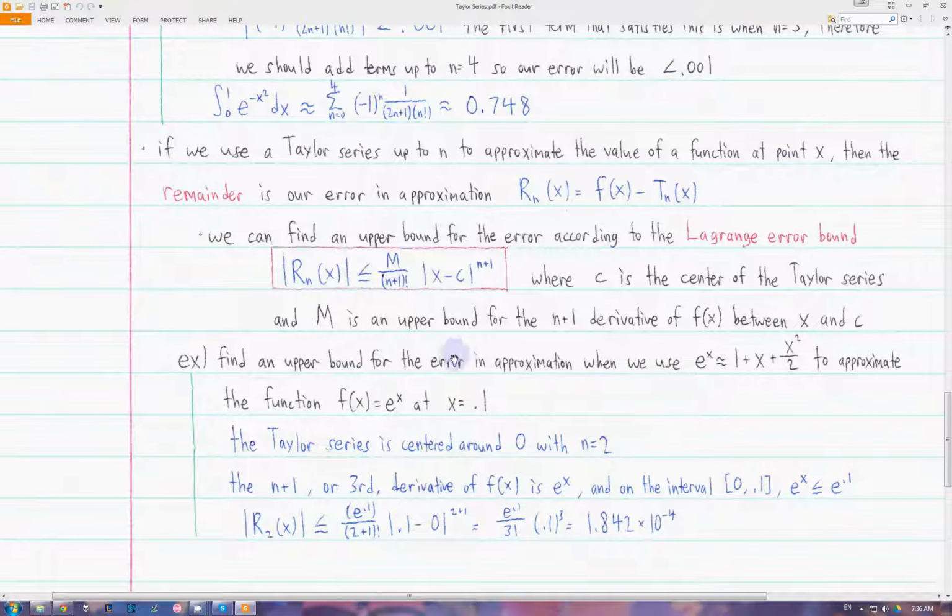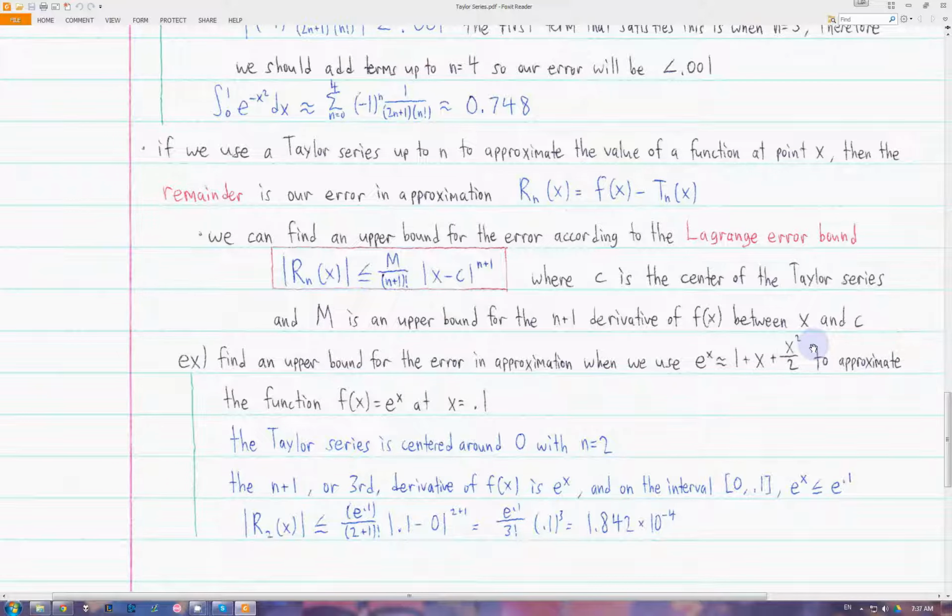So let's say we want to find an upper bound for a remainder, which is just this Lagrange error bound, for this Maclaurin polynomial of e to the x approximating e to the x at x equals 0.1. This series goes up until n equals 2, because the highest term is x squared.